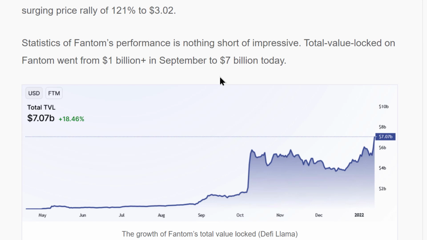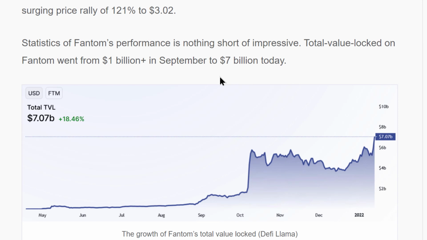So Fantom is a protocol on which other decentralized finance applications are residing and using it for transaction processing.